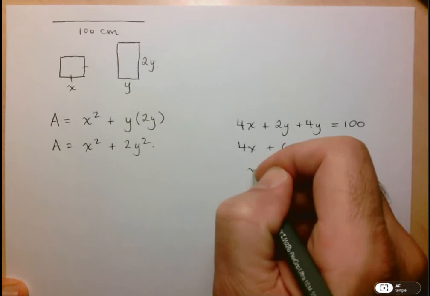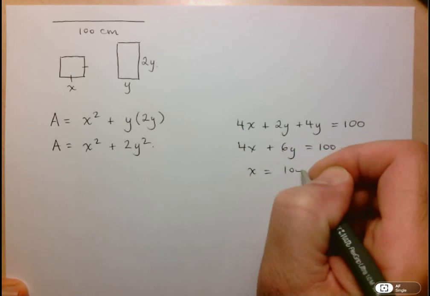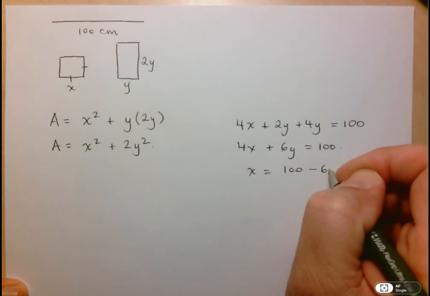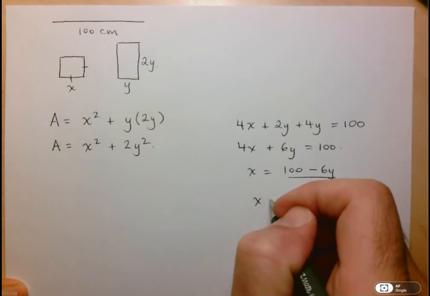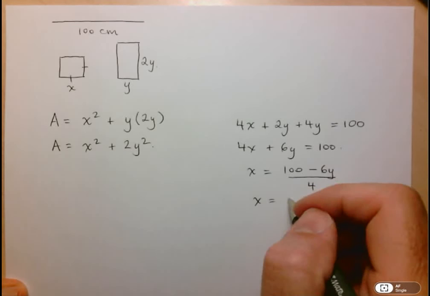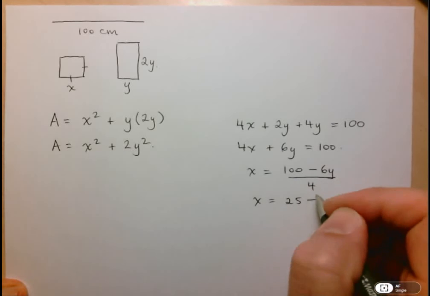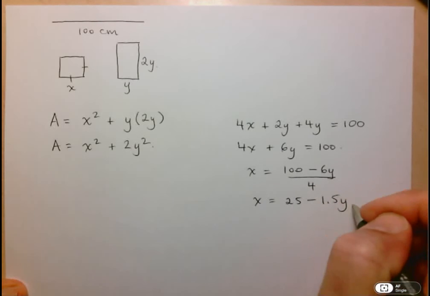So we isolate the x: we've got 100, bring that to the other side, minus 6y, divide by 4. That simplifies to 100 over 4, so 25, minus 6 over 4, 1.5y.